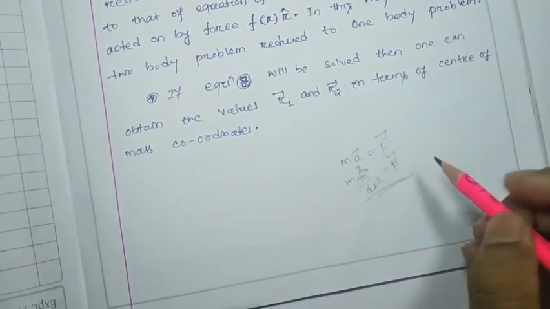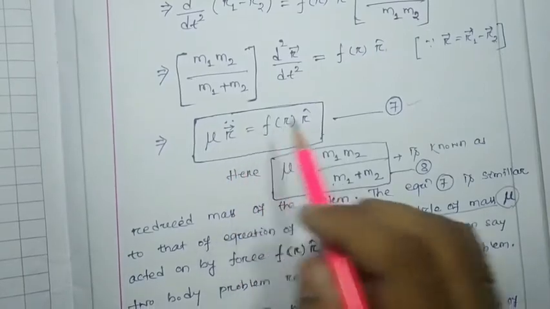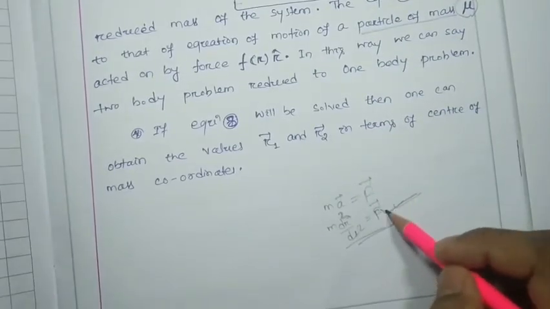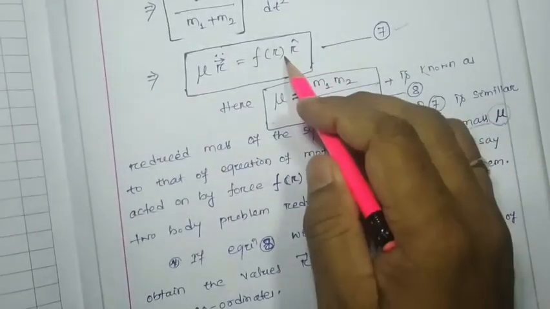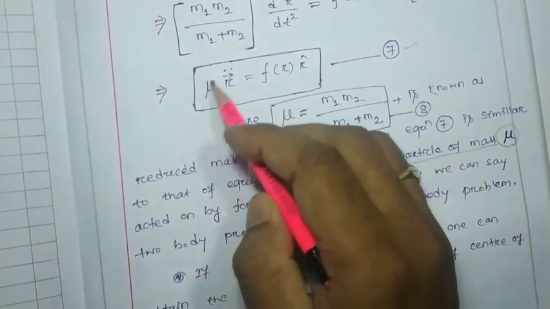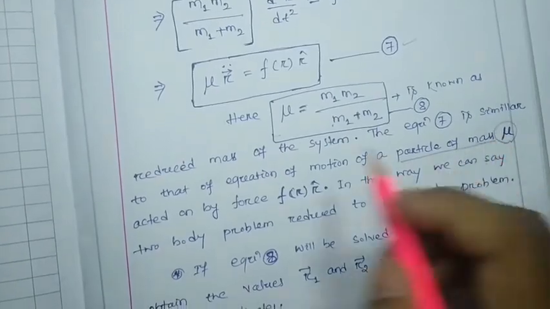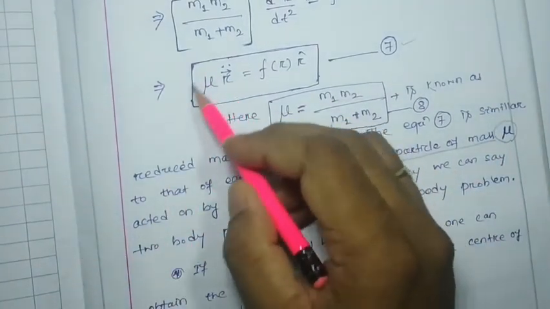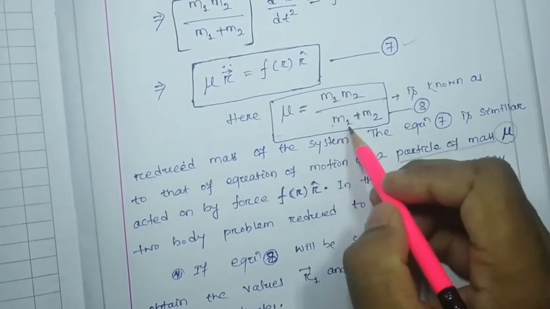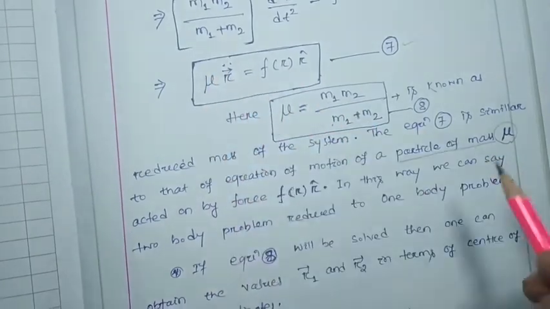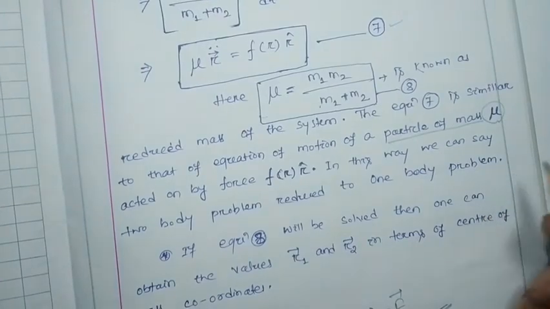So this equation is very similar to that one. Comparing the two, mu has the unit of mass, because the product over the sum will be kg square by kg. So obviously mu has the dimension or unit of mass.